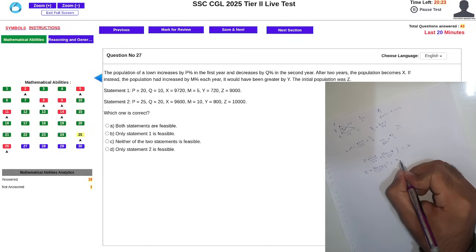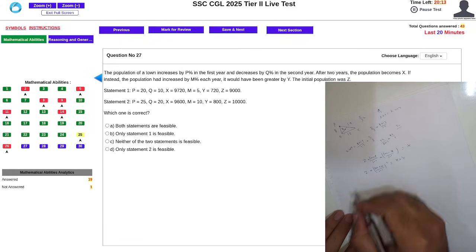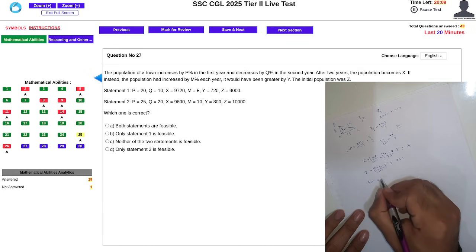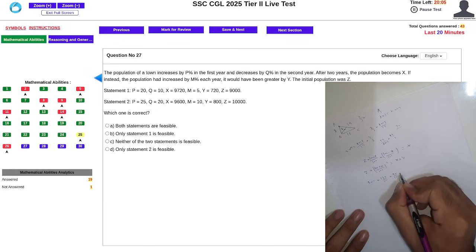So x plus y. Those are into 120 upon 100 into 90 upon 100.